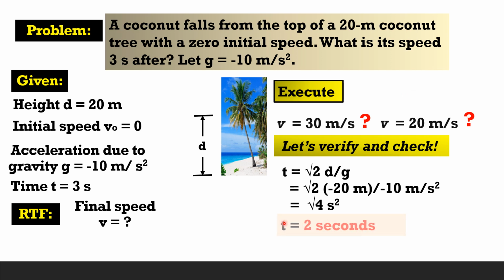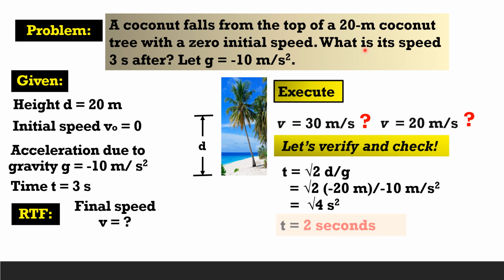Now that we have verified that the time elapsed is only 2 seconds, but since the question is asking for the speed of the coconut 3 seconds after it was dropped from that height of 20 meters, it is only logical to say that in a time of 3 seconds, long after the coconut has already hit the ground, it is safe to assume that the coconut is already at rest.